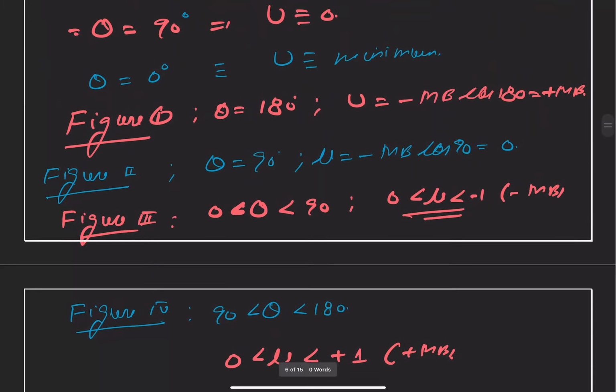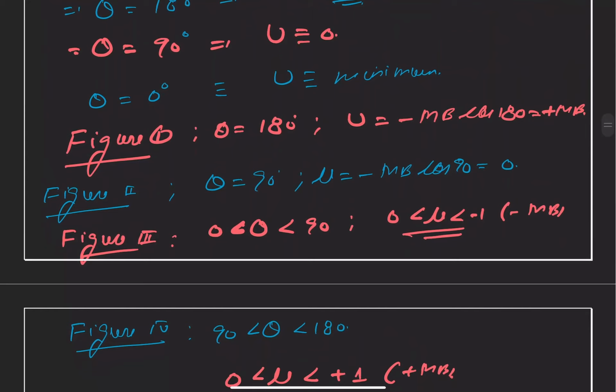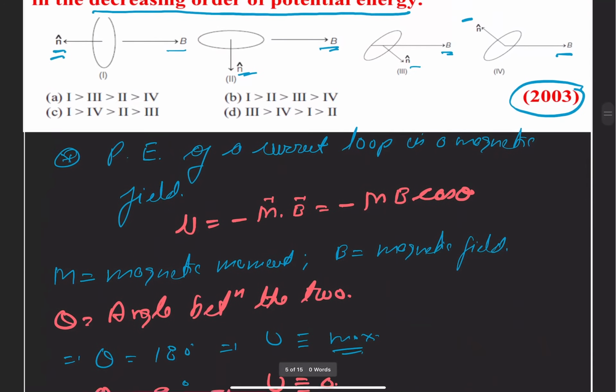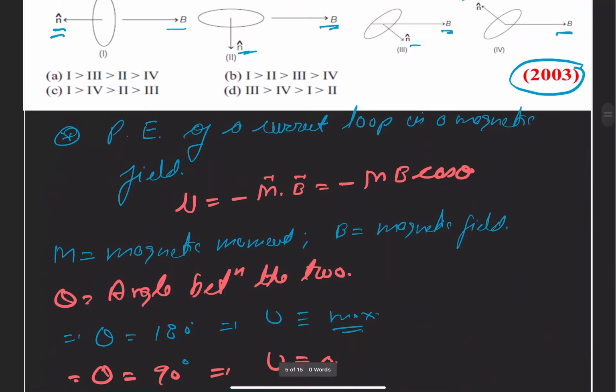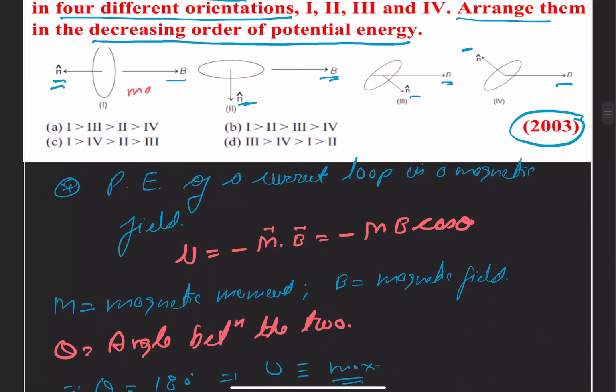So for sure we can say one thing, that we have to arrange it in the decreasing order. So maximum will be at 180 degrees and minimum will be at 0 degrees. So let us try to sort it out. Maximum will be for this figure and this will be our minimum. So based on this we have to find the decreasing order. So the only option that is correct is option D.